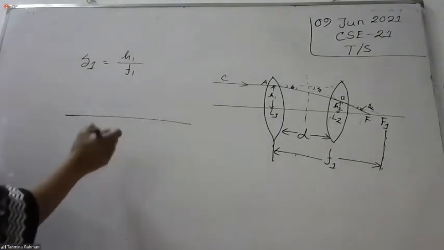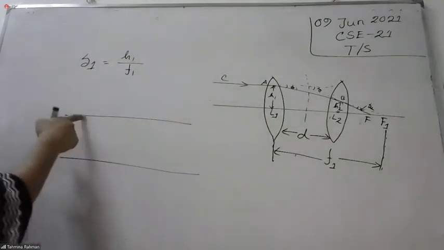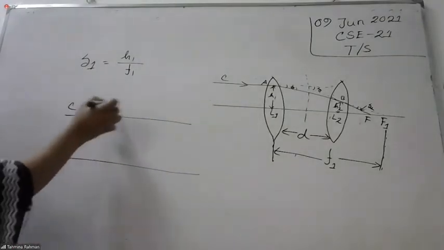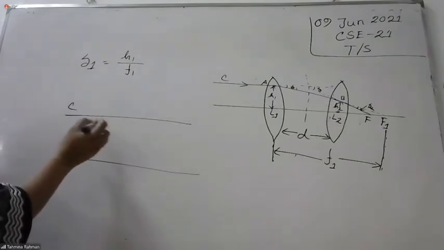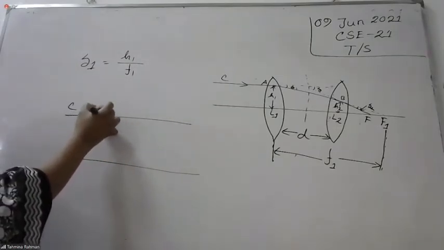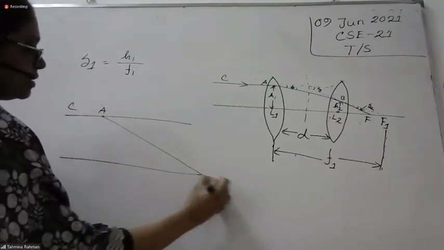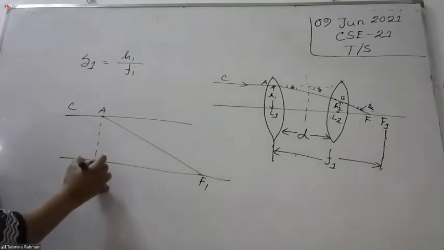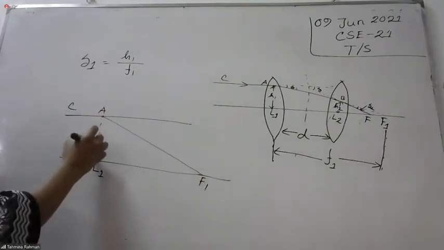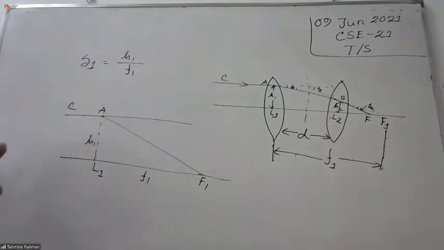This is the incident ray, CA. This is our principal axis. This point is A. This point is F1. And this is L1, and this height is H1. Is the figure clear to you?